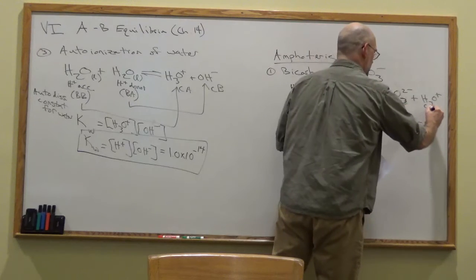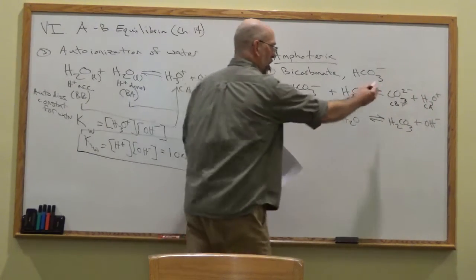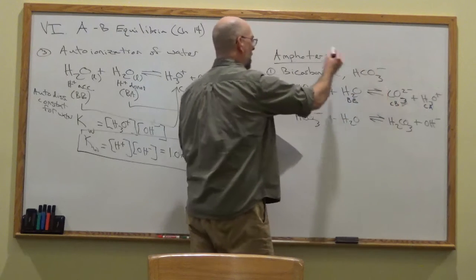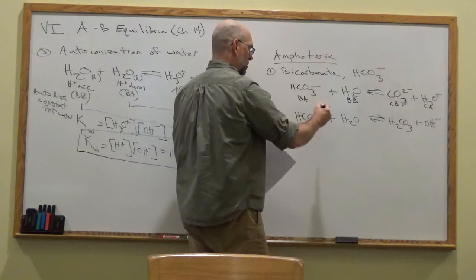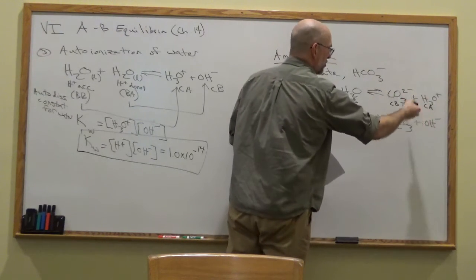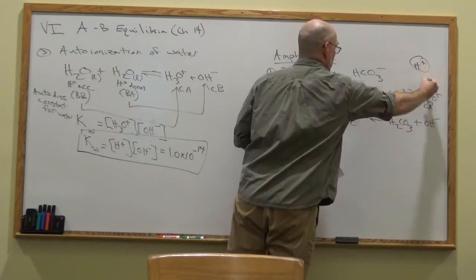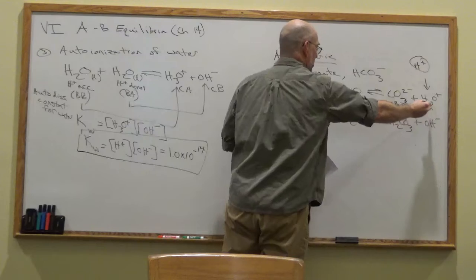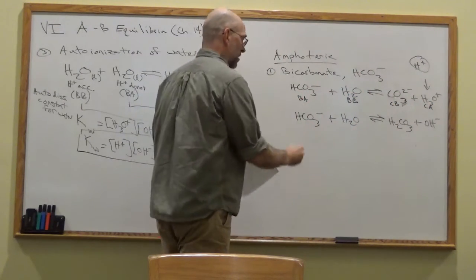This will be the conjugate acid of water. So carbonate is the conjugate base of bicarbonate. Okay. And then H3O plus, hydronium, protons, H plus symbol, that's a shorthand for that. That's the conjugate acid of water, which is acting as the base there.